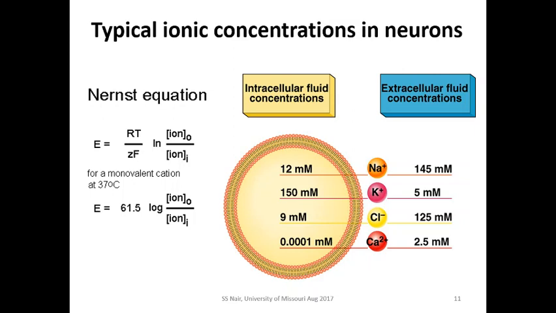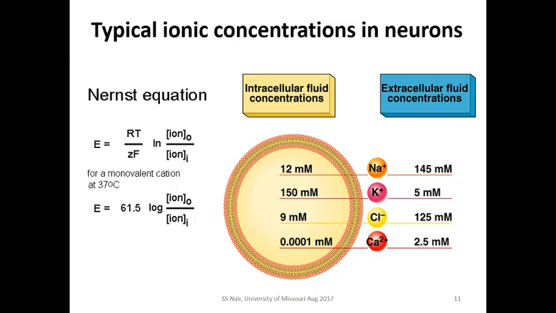Calcium has a huge concentration outside. The concentration difference is really huge in the case of calcium. And on the left, we show you the equations for Nernst potential for these ions. Put those concentration values into those equations, and then it'll give you the Nernst potential for that ion.